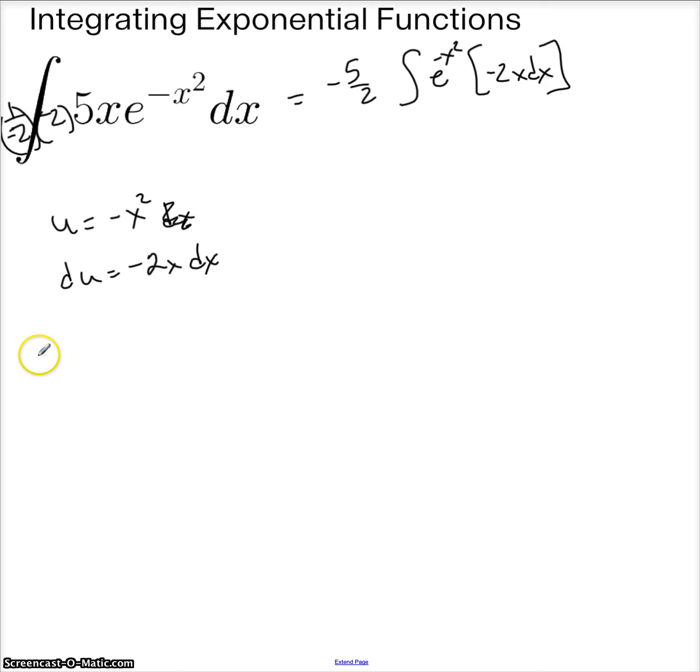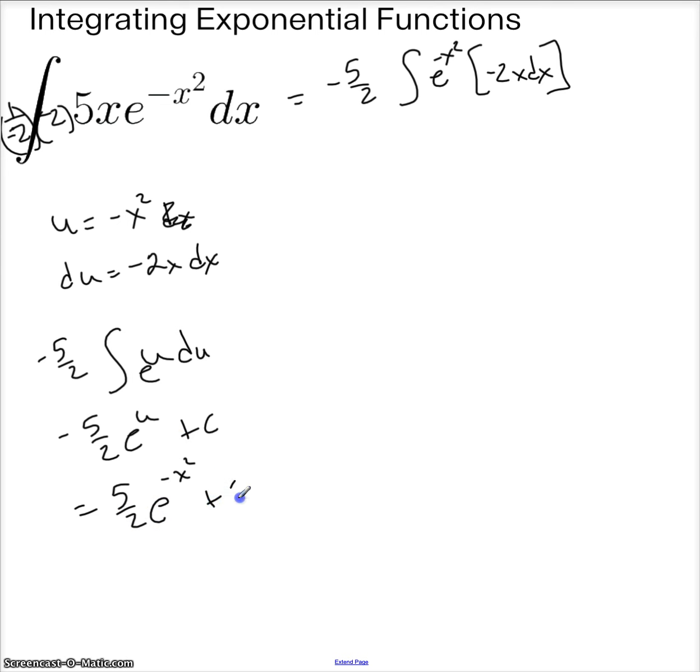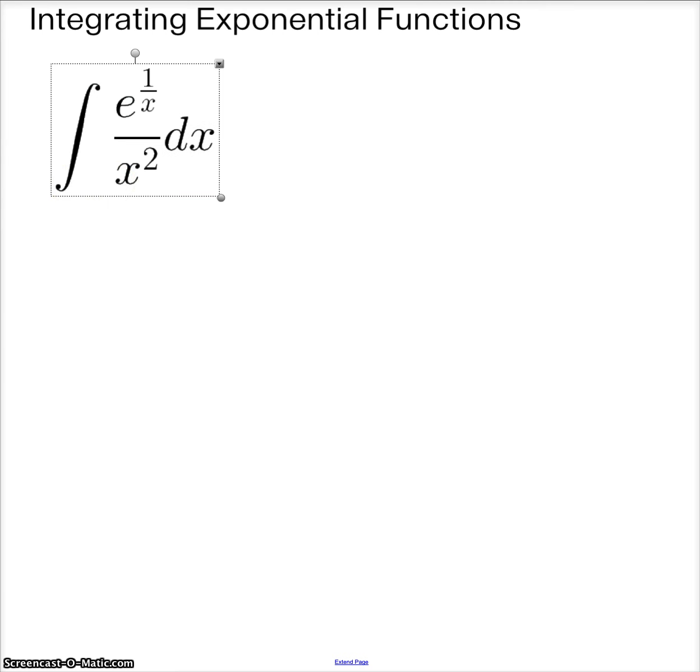So this becomes minus 5/2 the integral of e to the u du. So it's e to the u plus c. So it's minus 5/2 e to the minus x squared plus c. Straightforward. They really are. Compared to what I put you through, this should be a piece of cake.